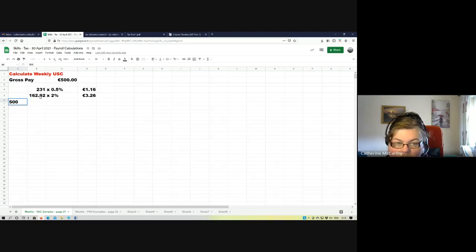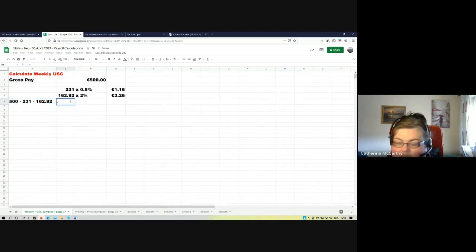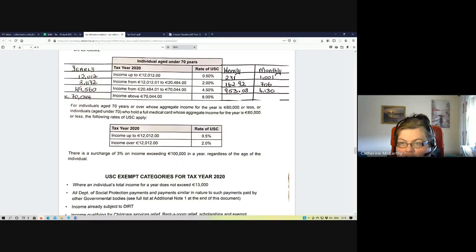So we have €500, we've USC'd them on 231, we've USC'd them on 162.92. That leaves us with €106.08, and that's USC at 4.5%. That's because the 106.08 is under the 953.08 that's already there.